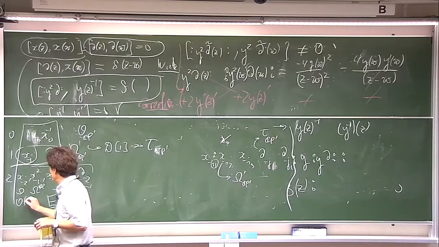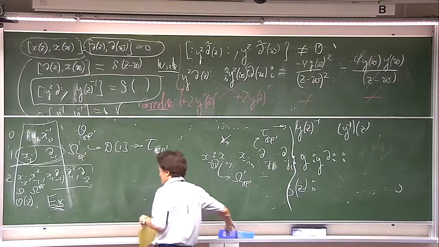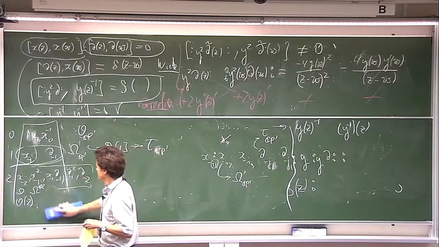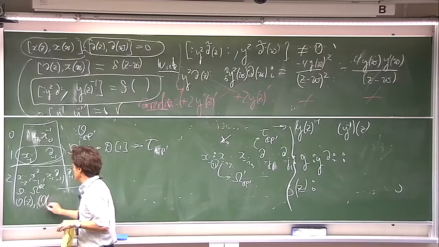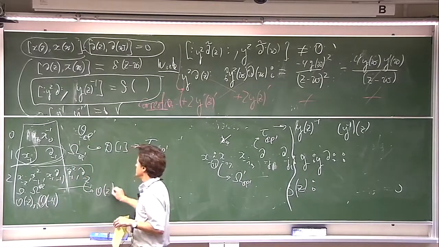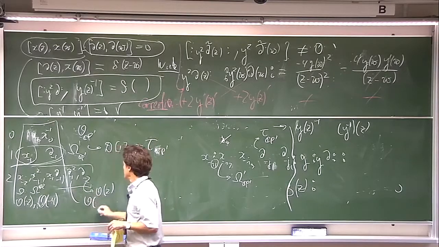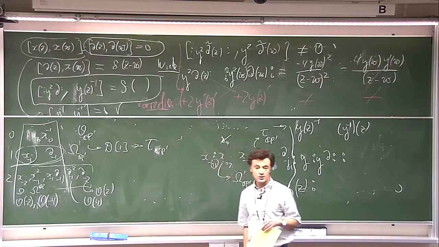It will be O minus 2, and this is O minus 4, etc. This will be O2, and this will be O4. So that's what the shift looks like.